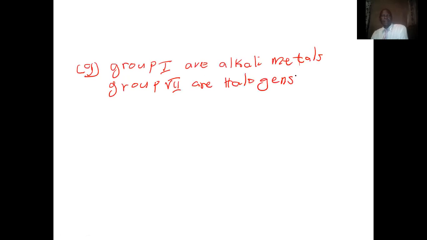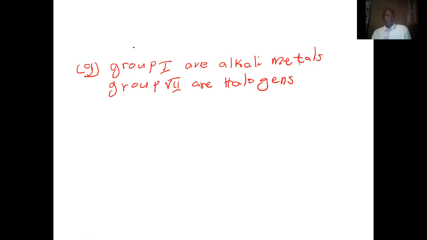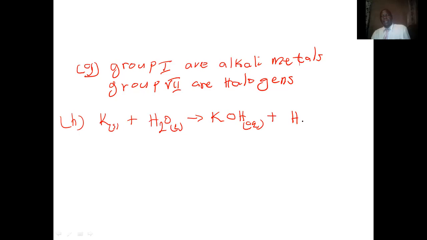When potassium, which is a solid, reacts with water, which is a liquid, you form potassium hydroxide, which is aqueous, plus hydrogen, which is given out as a gas.